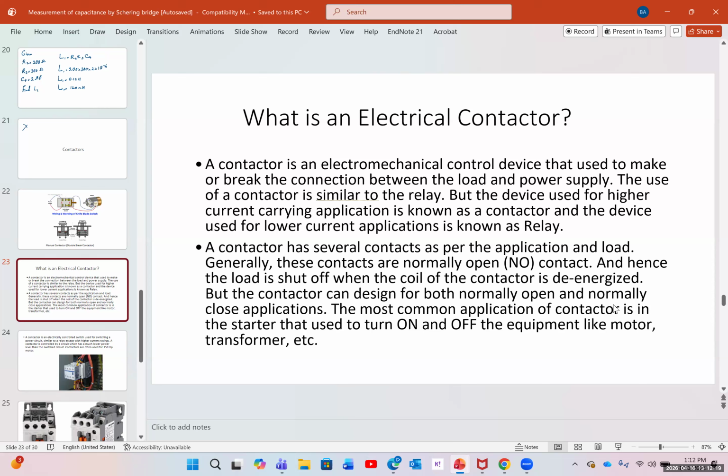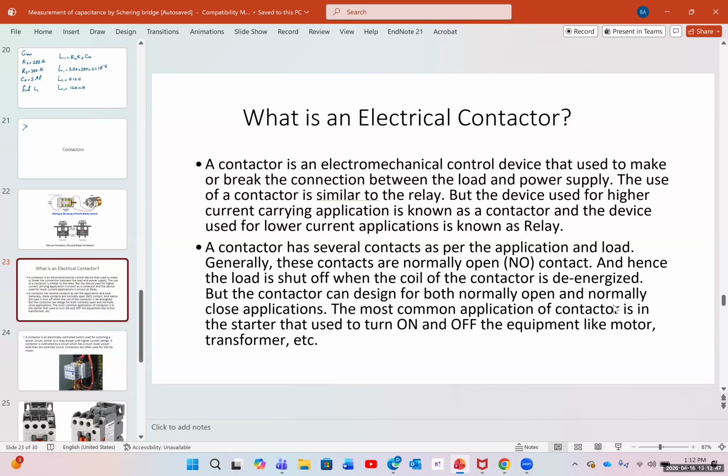We also have another terminal on contactors, which is called normally closed. Normally closed means when the contactor is off, it's closed, and when the contactor is on, it will be open. I will explain where we use these normally open and normally closed contacts. They're very important when we are using contactors.